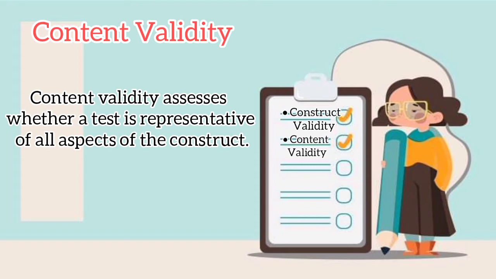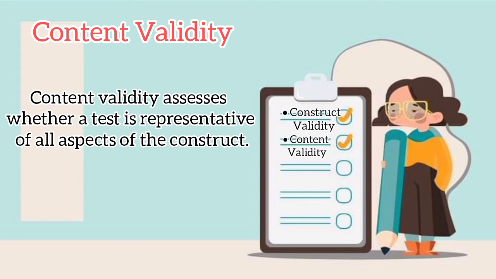So let's say, as a professor of statistics, I want to design a test to measure my students' ability in statistics. So the test should cover every form of statistics that was taught in the class. If some types of statistics are left out, then the result may not be an accurate indication of students' understanding of the subject.